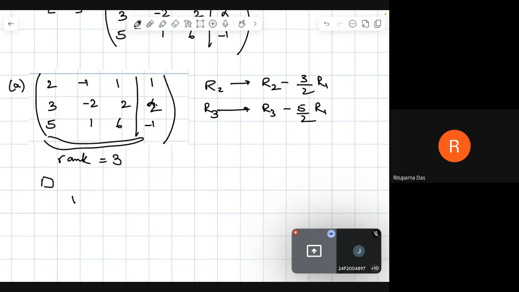Some non-zero entry here in the diagonal, and here it can be anything. These 3 entries have to be non-zero. So if the rank is 3 and the augmented side can be anything, then it will have unique solution.